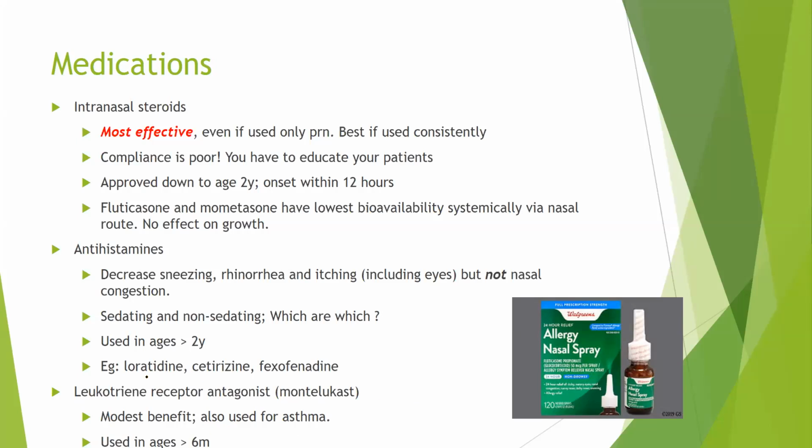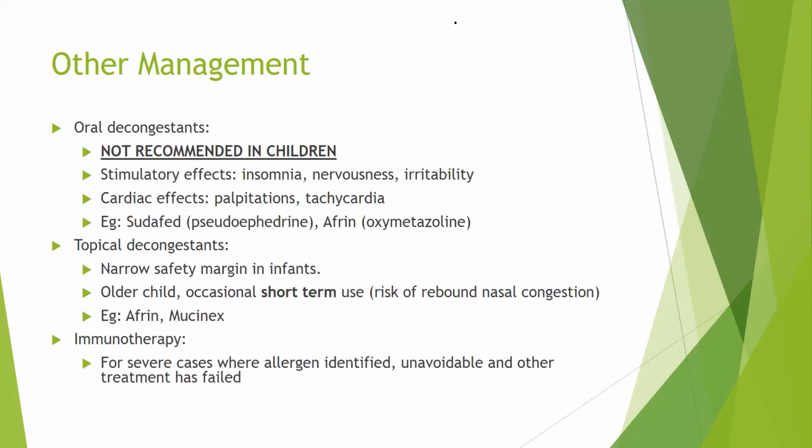Also, montelukast is a leukotriene inhibitor, so it inhibits leukotrienes from causing inflammation and reaction. A modest benefit is seen, and they're also used in asthma, but they're very expensive and difficult to get covered.